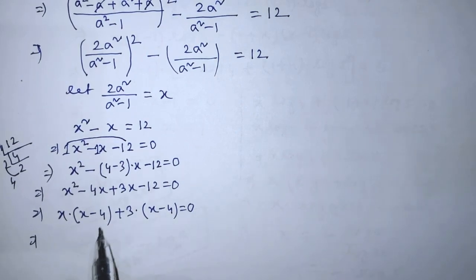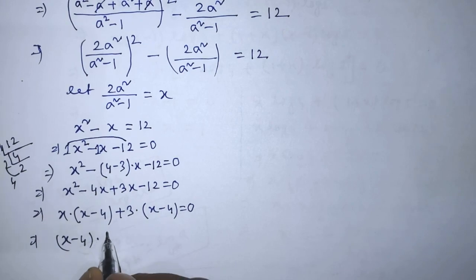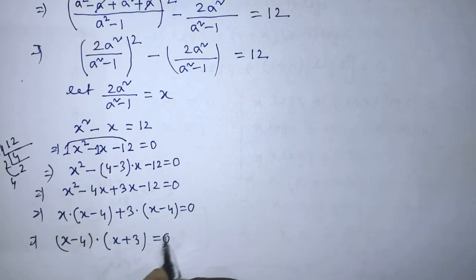So student, on the left hand side in both terms x minus 4 is present. So that's why we can take common x minus 4 from both terms. So we have to write x minus 4 times x plus 3 is equal to 0.